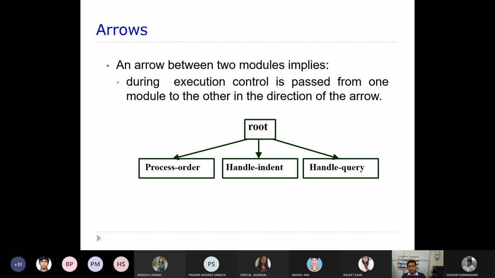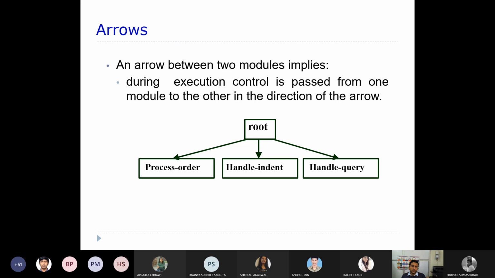And you have arrows between two modules. During execution, when a particular high level module calls a lower level module, that is represented by an arrow. That means control is passed from the high level module to the lower level module in that direction.